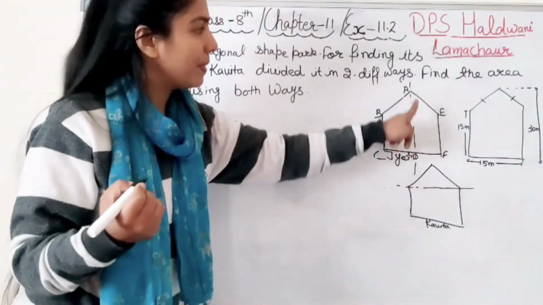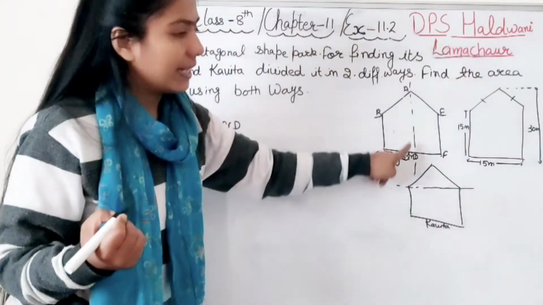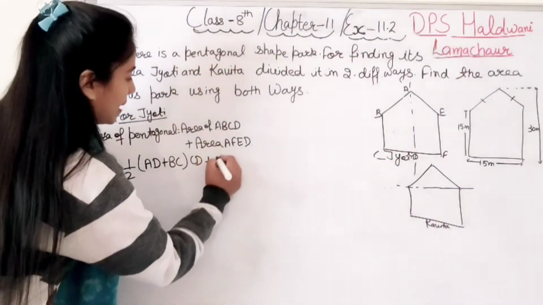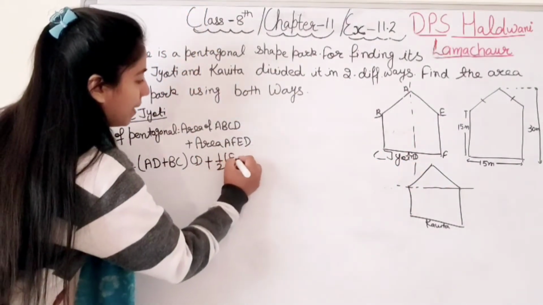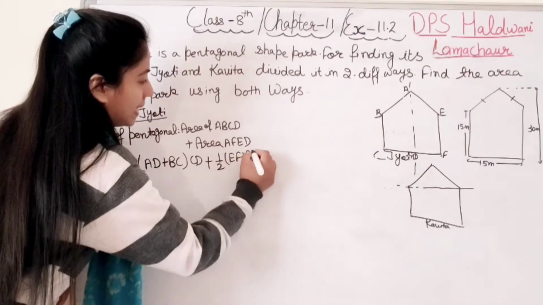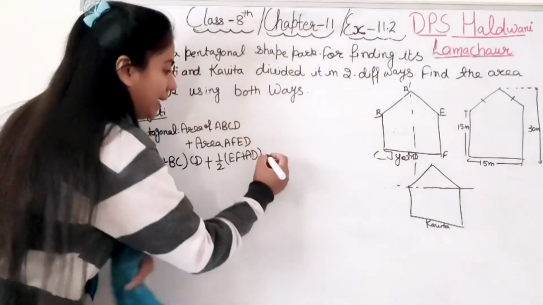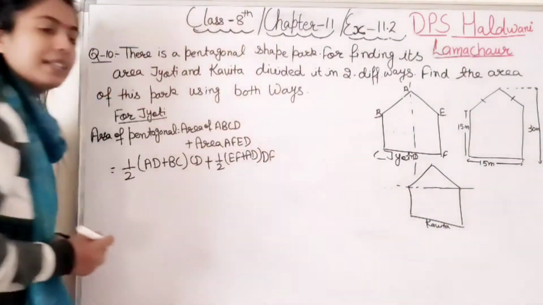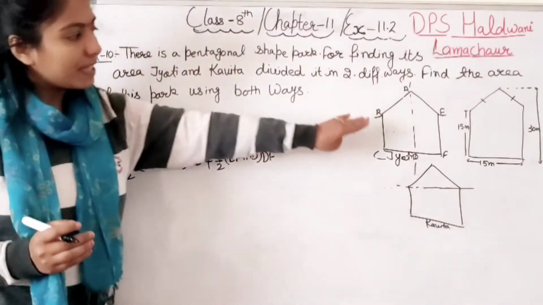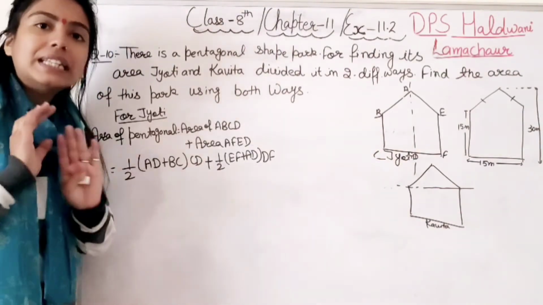For the second trapezium, half (EF plus AD), and the height will be DF. I hope you understood. As per the given figure, we have just written the things over there.